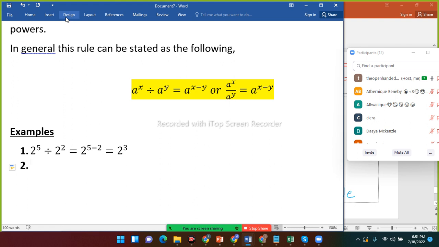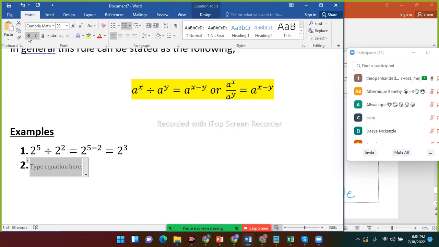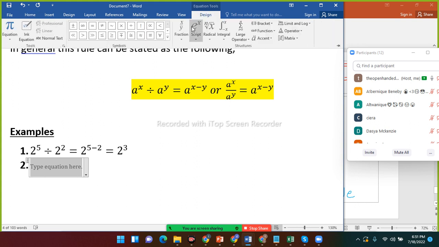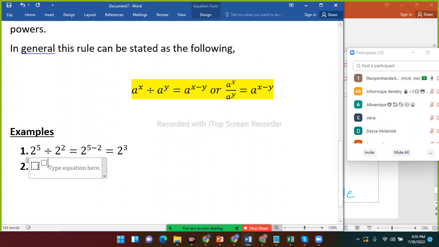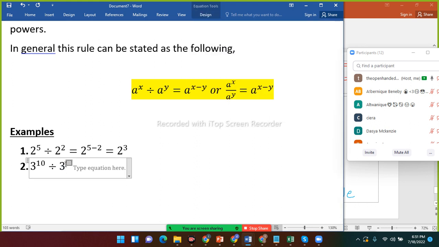So let me ask you another one, Albany, since you might not understand it yet. If we have, say, 3 to the power of 10 divided by 3 to the power of 7, what would my answer be, Albany? 3 to the power of 3?